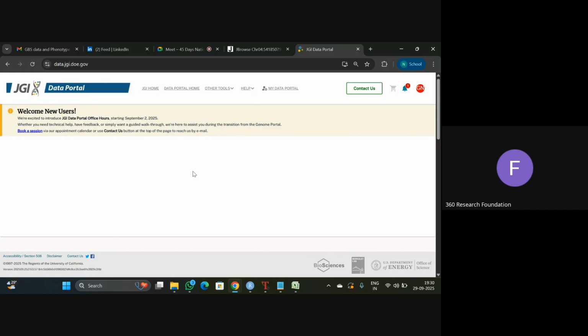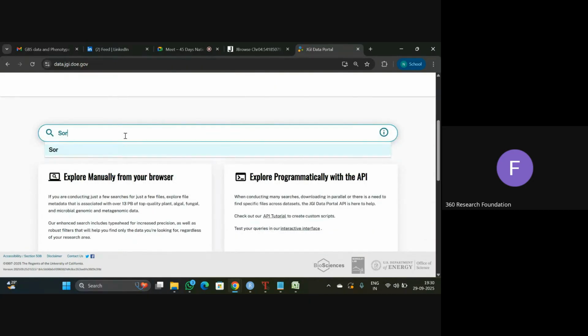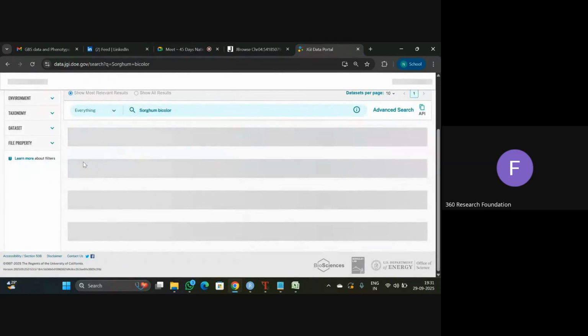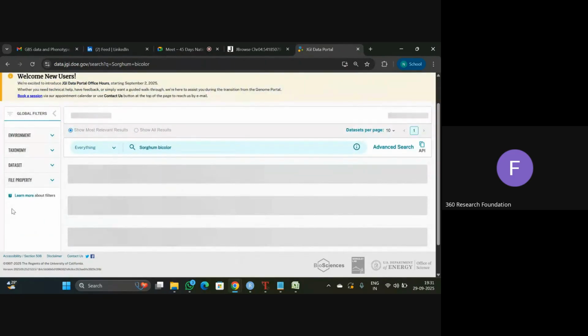When we go to this data portal home, here you search for sorghum. It's taking time. From here you can download all the reference genomes.